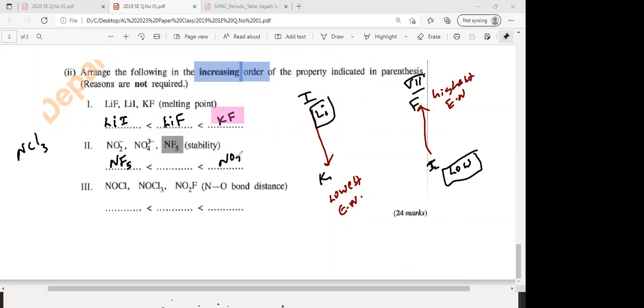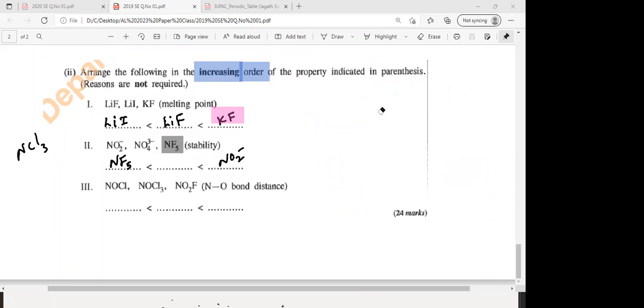NO2 minus, because nitrite; HNO2 nitrous acid, NaNO2 sodium nitrite, you have learned in O level chemistry also.